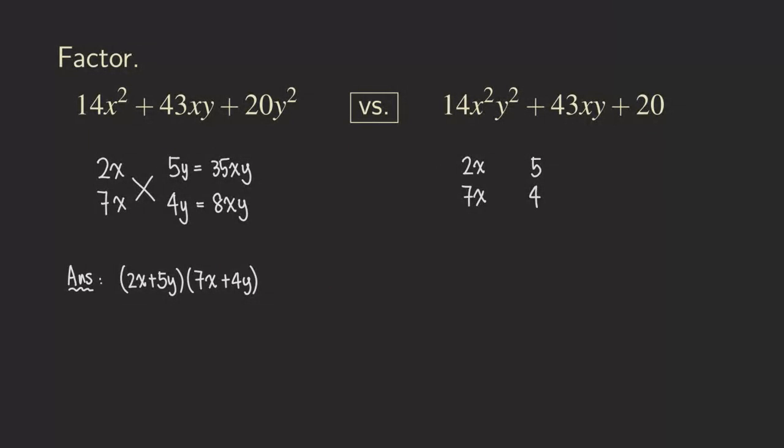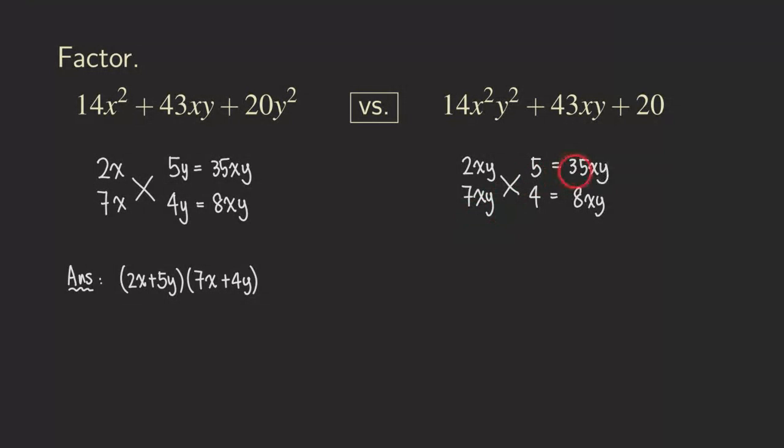But the difference is that because there is a y squared here, in order for us to get the y squared, instead of putting the y with the 5 and the 4, we got to put the y right here. So we got to put y here and then y here to make that adjustment. Is that okay? So 2xy times 4 still gives us the 8xy. And then 7xy times 5 will give us the 35xy.